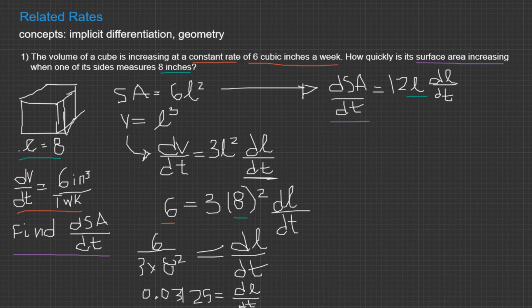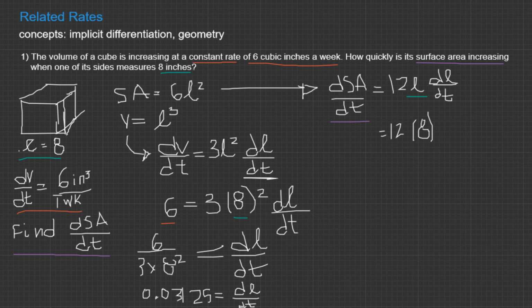And again, I'm going to highlight where I'm getting some of the information that I'm going to put into this problem. So I don't know dSA/dt yet, but I do know my L, so I can say that that's equal to 12 times 8, and we actually solved for dL/dt in the previous question.